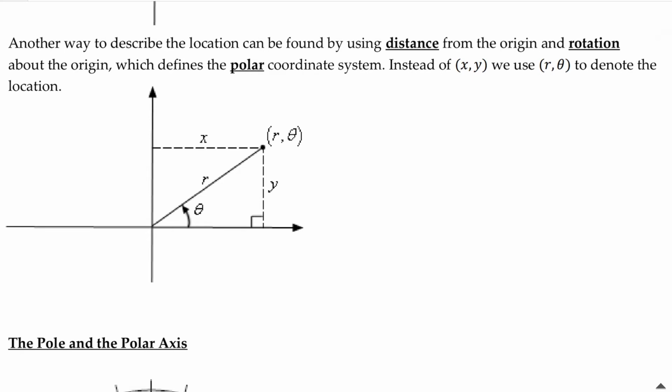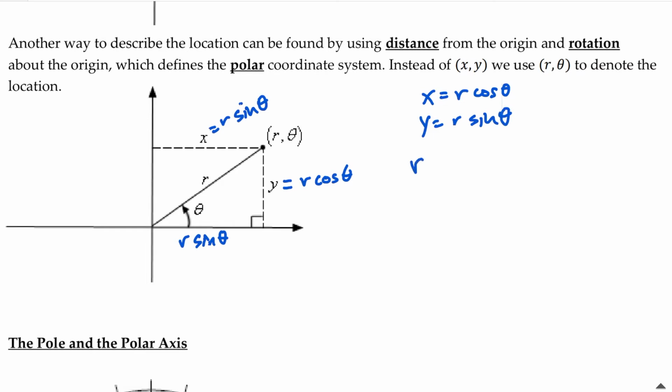So we've got this picture here. Note that y could be written as r sine theta and x as r cosine theta, just by using right triangles and thinking about this as a coordinate on, say, a circle. So we've got x is equal to r cosine theta, y is equal to r sine theta. r then is going to be equal to that familiar sum of the squares, so the square root of x squared plus y squared.